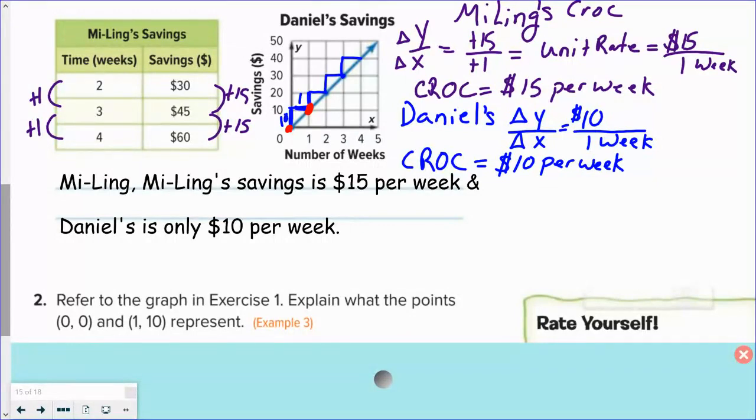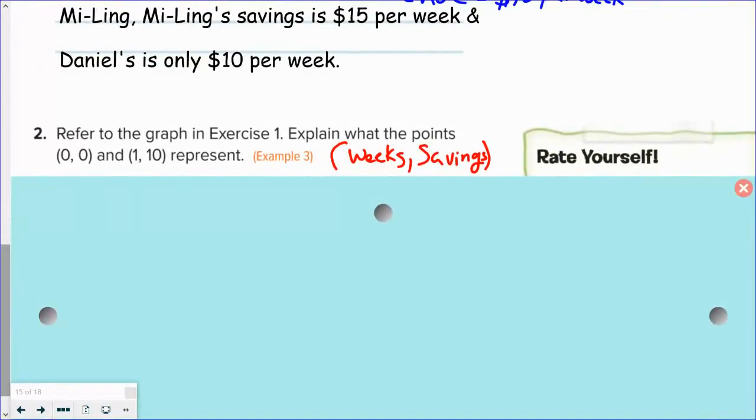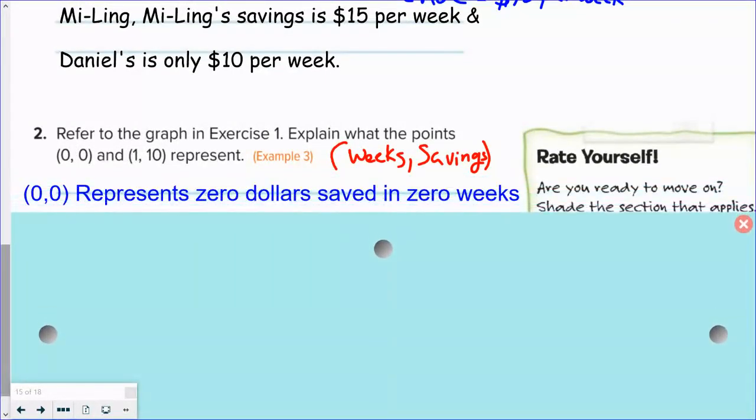So at 0, remember, our ordered pair is given to us as weeks and savings. So we would want to say at 0, 0, at the very beginning of this, has he saved any money? No, because it hasn't even started. So 0, 0 represents $0 saved in 0 weeks.